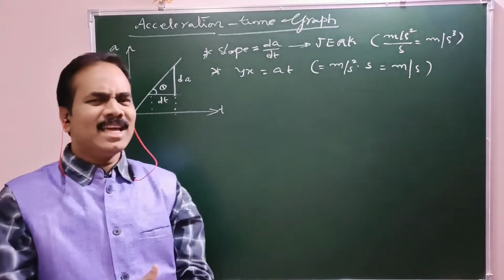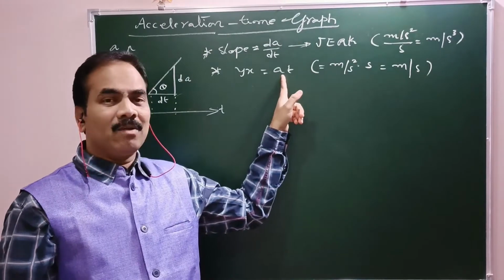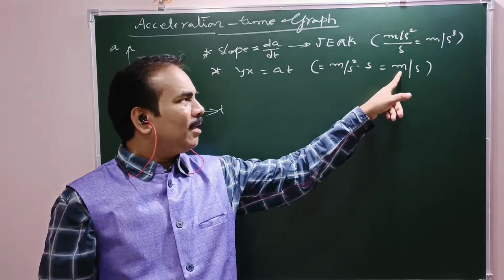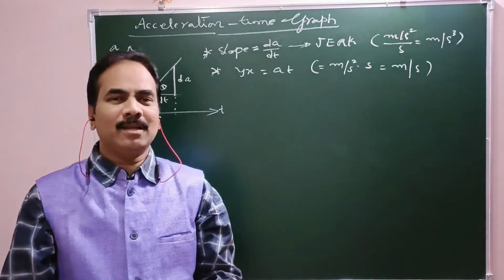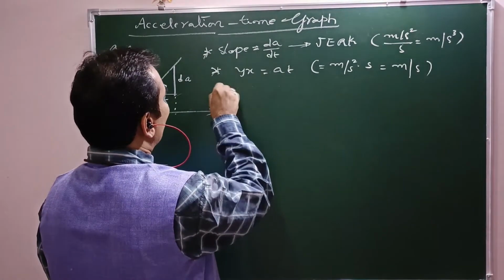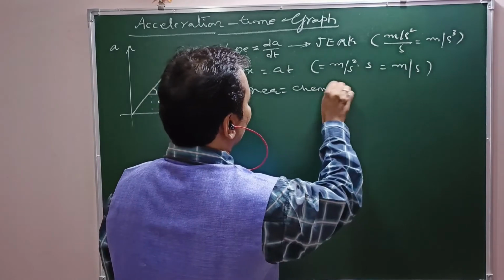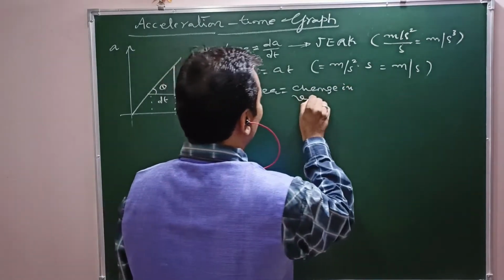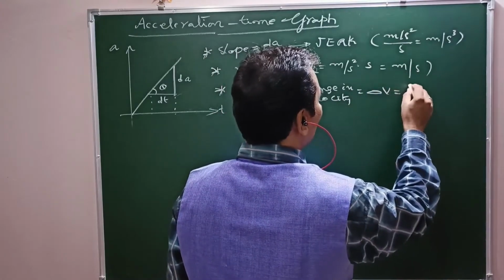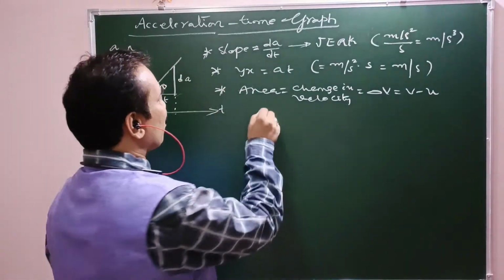The area of the acceleration versus time graph represents one quantity. What are the units of that quantity? Meter per second, which is in fact the unit of velocity, but it is not velocity, it is change in velocity. Why? Because area equals change in velocity, delta v, that is v minus u, final velocity minus initial velocity.